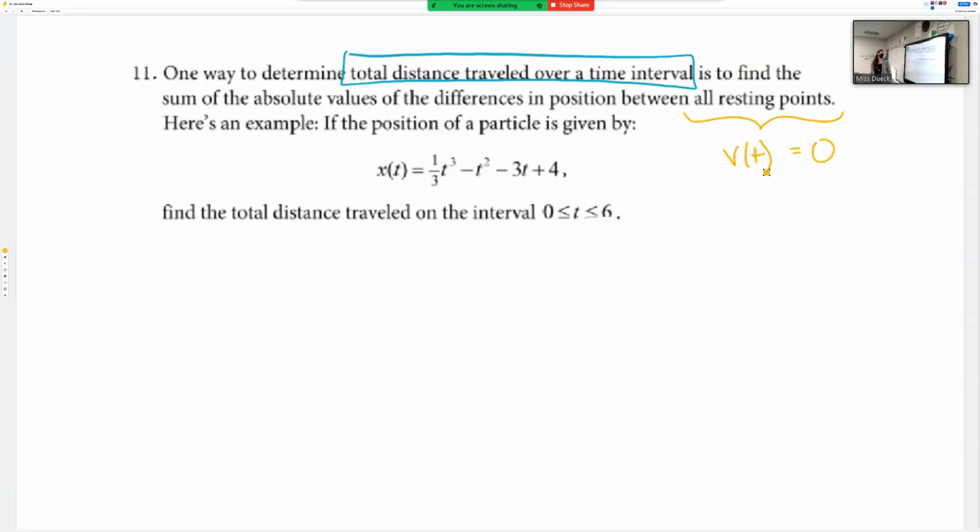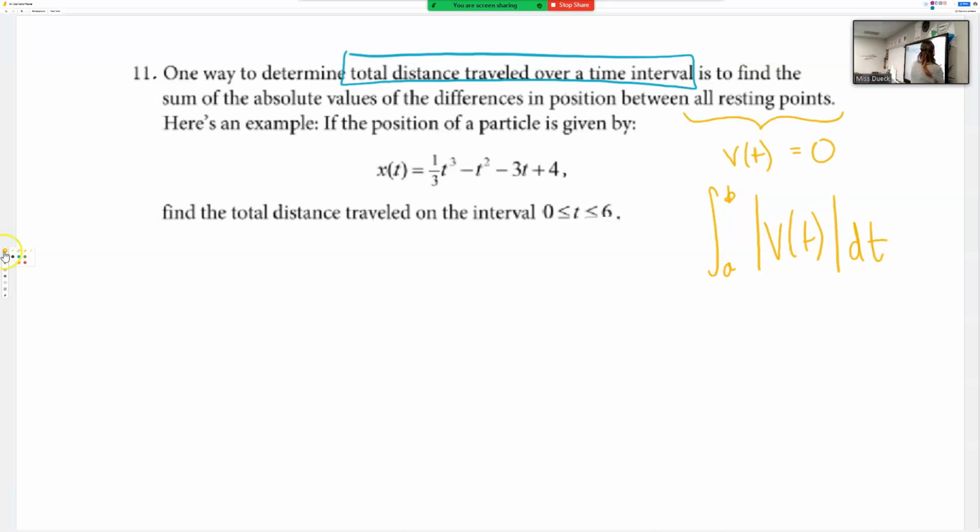Didn't we learn yesterday that we have to think of the zeros of somebody and split up the absolute values? If I want to go from an A to a B and I take the absolute value of velocity, if I'm allowed to use my calculator, this will solve for me the total distance traveled.